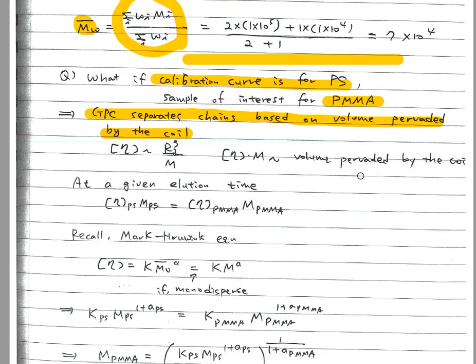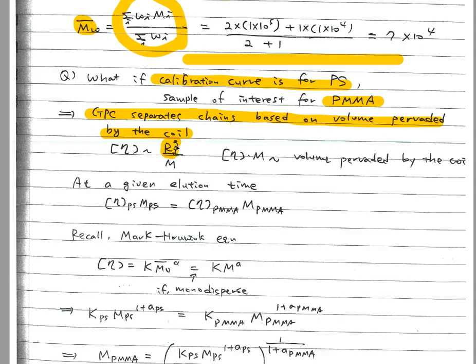So from these relations that we have just seen, the relation between the eta and the radius of gyration. Since the radius of gyration is defined as the radius of the spherical shape of the polymer chains, Rg cubed is basically proportional to the volume of the polymers, right?